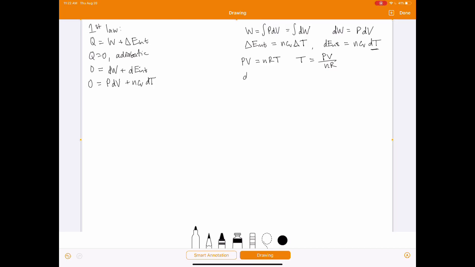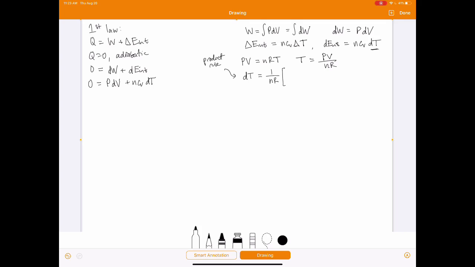So if I want to find dT, a little change in temperature, I have to use the product rule because I have the product of pressure and volume, P times V. The constant out front is 1 divided by nR, and here we're using the product rule.